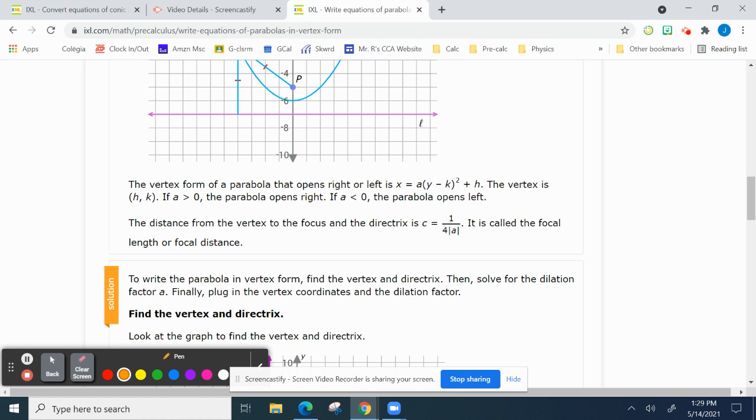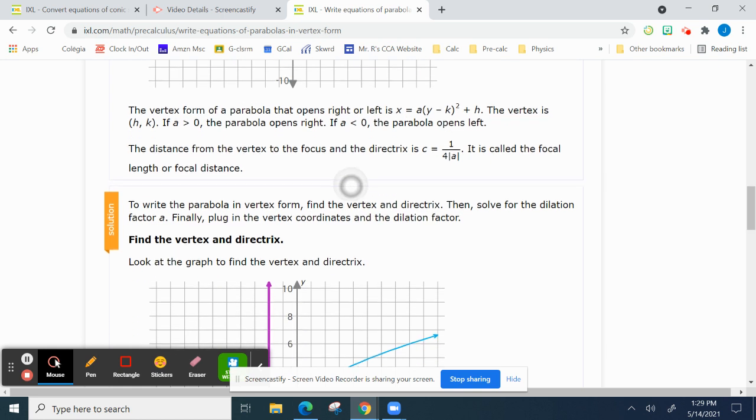The circle is just a special form of an ellipse. But we always use h and k. So h is going to be the x. H and k may end up in different places in the parabola, but h is always x and y is always k. That's an important point. X is always h and y is always k.